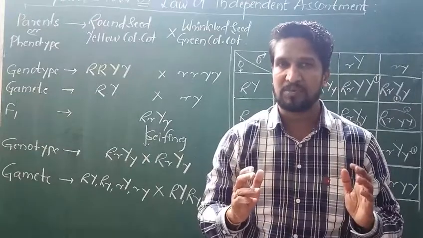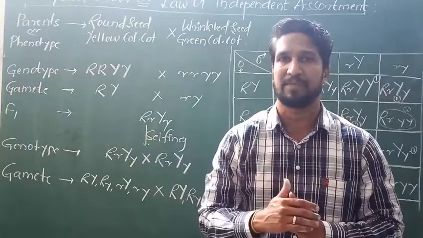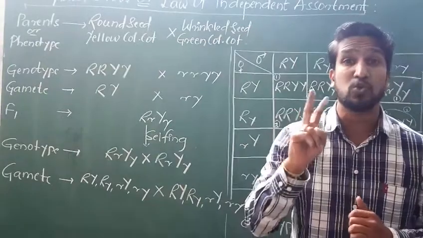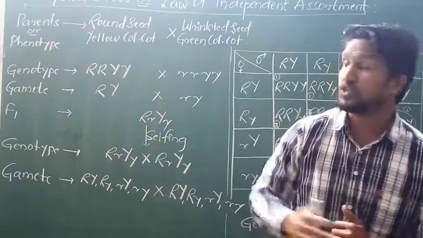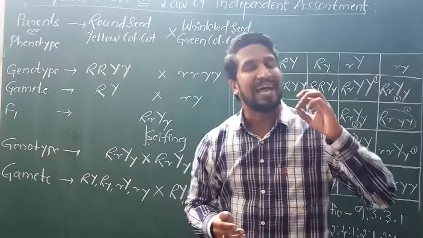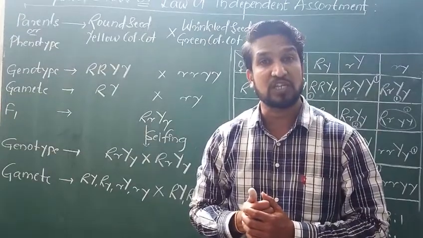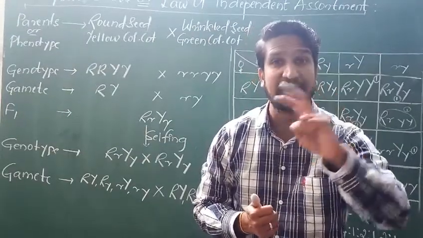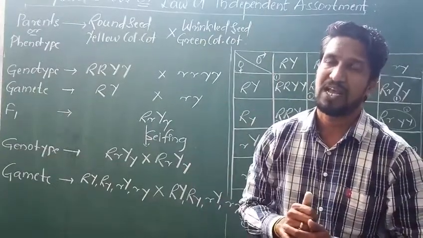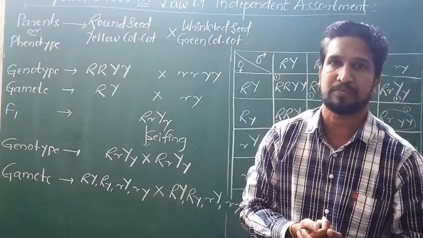A cross that involves two characteristic features is called a dihybrid cross. That is, an individual organism obtained by crossing with respect to two characteristic features is called a dihybrid cross, and that process is called dihybridization, right?